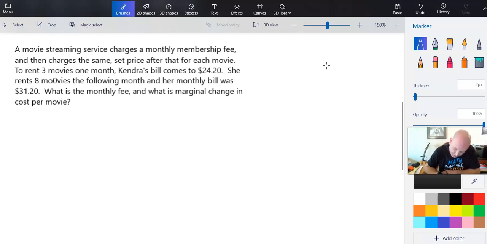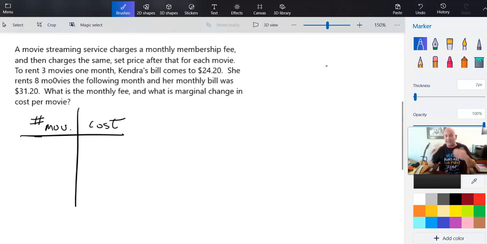I can see that 3 movies is tied to $24.20. So it looks like we have number of movies and then cost. Those are our 2 variables, the things that are relating to each other. And you notice when I change the number of movies, the cost changes. So that means one depends on the other.